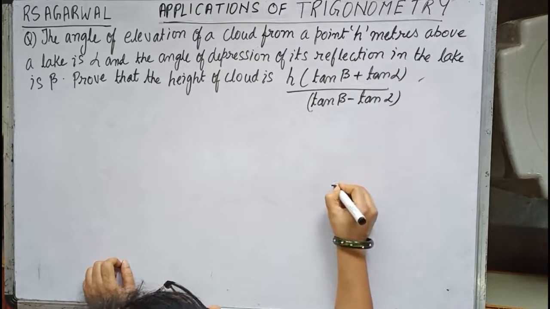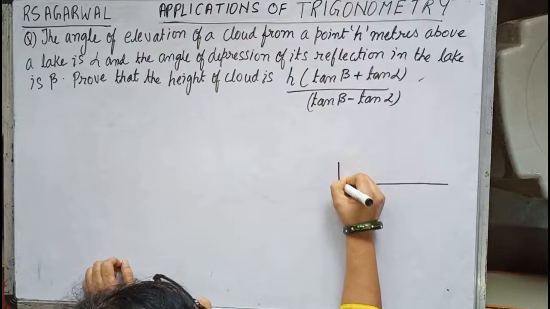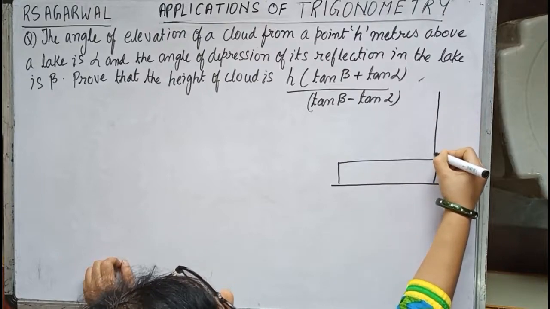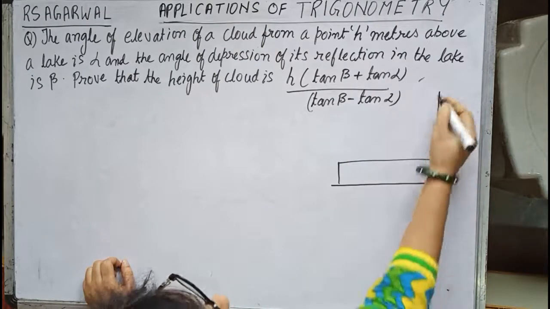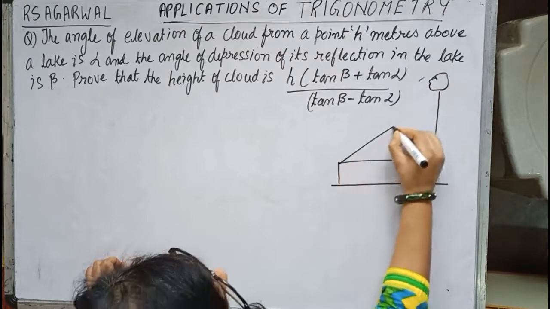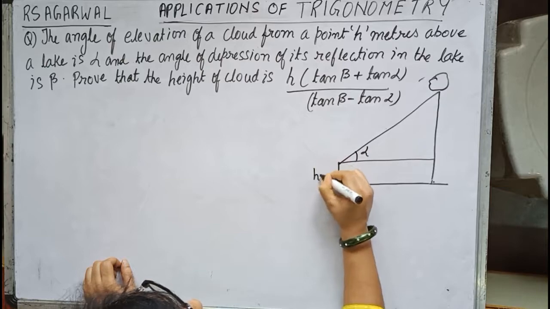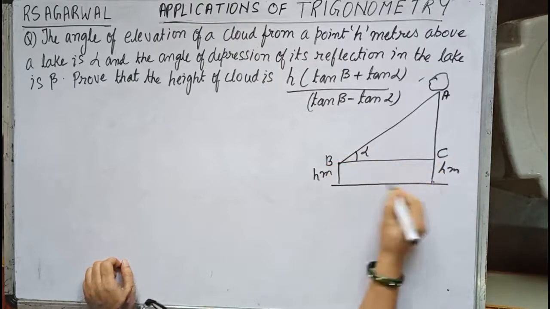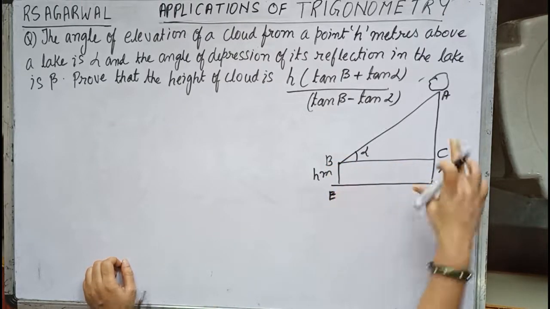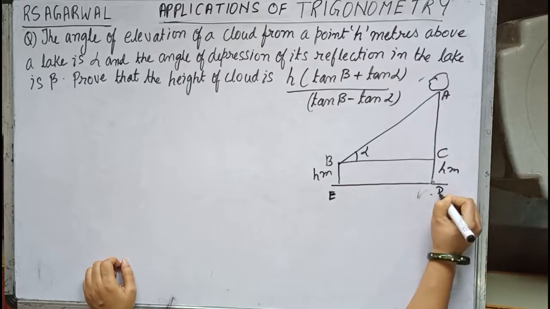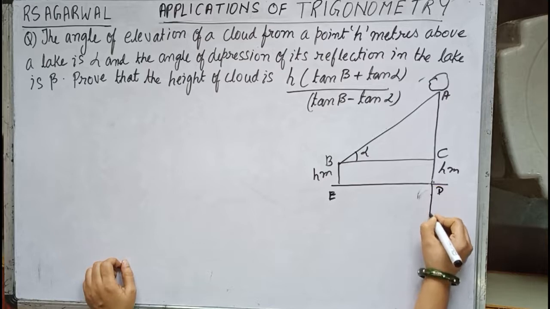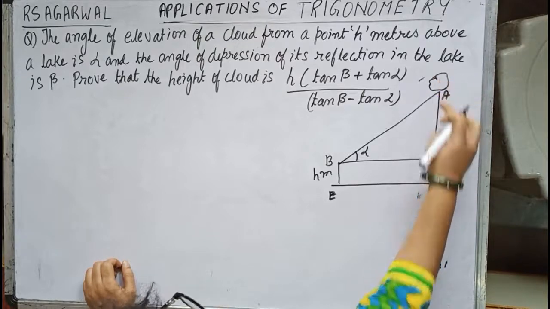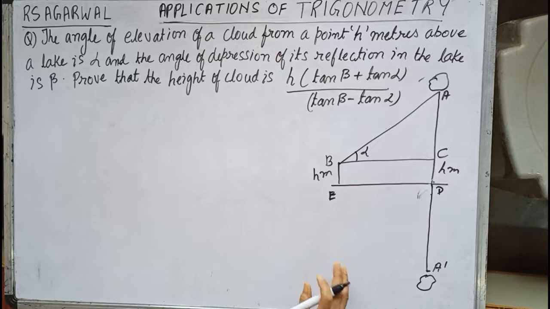Suppose this is the level of the lake, h meter above, a cloud over here, the angle of elevation is alpha, this is h meter, this is h meter, and the points A, B, C, D and E. Now this whole length AD will be drawn over here, so it is A dash.